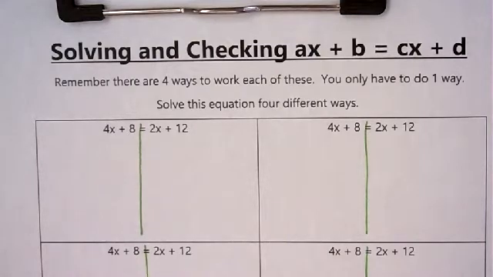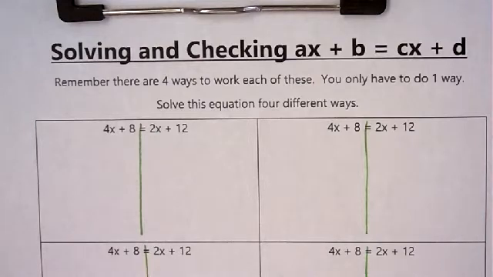Now, I want you to just imagine for a minute. You need to get your x's on one side of the river and the numbers on the other side of the river. Okay? Now, notice I didn't say you had to put the x's on the right side or the left side. I didn't say you had to put the numbers on the left side or the right side.